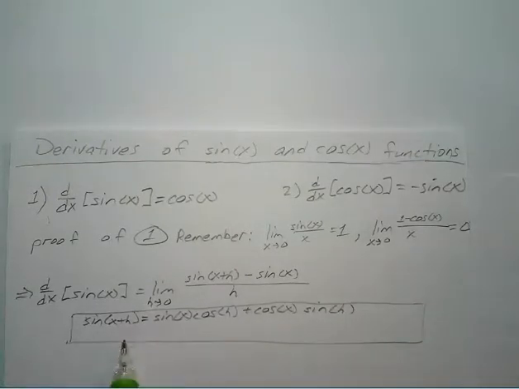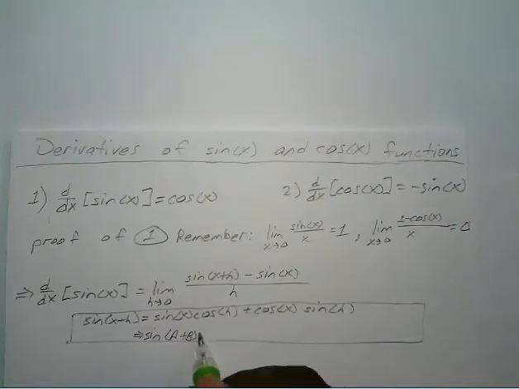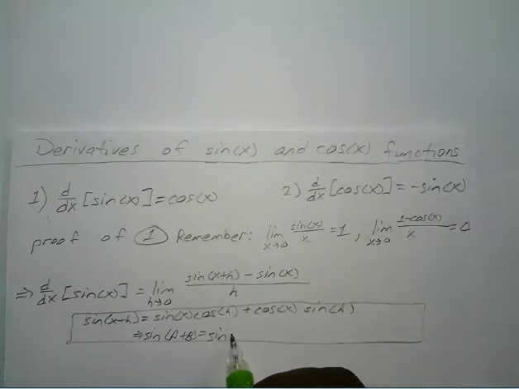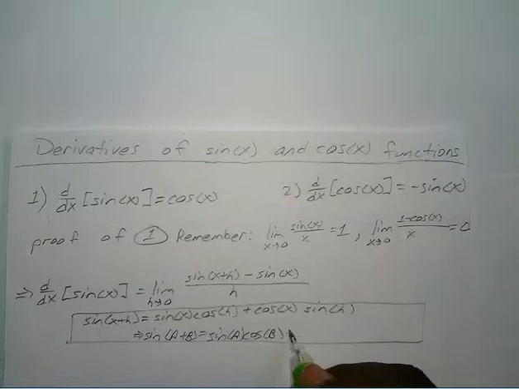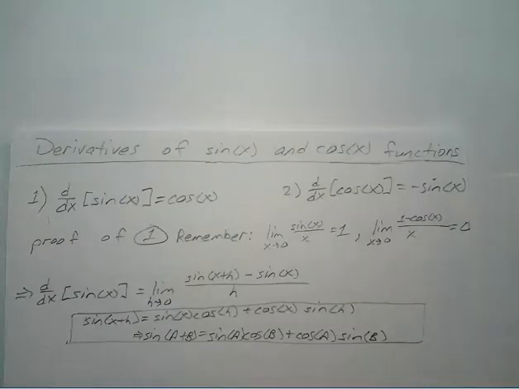That comes from the sum formula, where sine of a plus b is equal to sine of a cosine of b plus cosine of a sine of b. So instead of having 2 terms for your sine, you're only going to have 1.